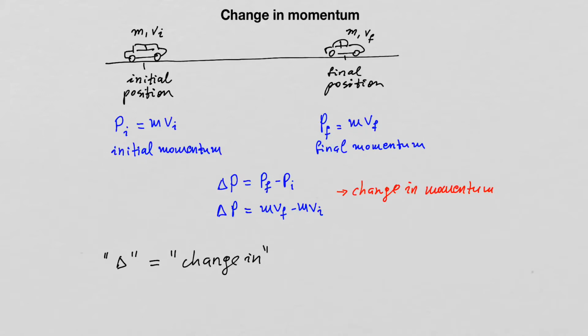So that means that this car here is under the action of some force. And so that means that the car is accelerating, which means that the velocity will be changing. So there is a relationship between the change in momentum and some external force that acts on this car. The relationship between the external force and the change in momentum is given by the impulse momentum theorem.